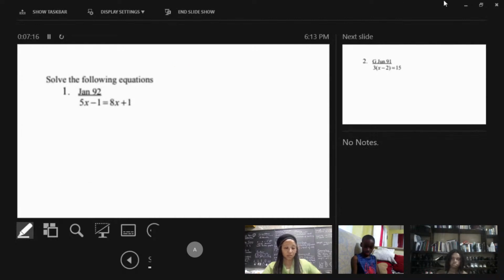Okay, miss. All right. So we're going to want to get x on one side, so we're going to bring over the 8x plus 1 to the other side. We're going to subtract 8x and 1 from both sides. So it would be 5x minus 1 minus 8x minus 1 equals 0.